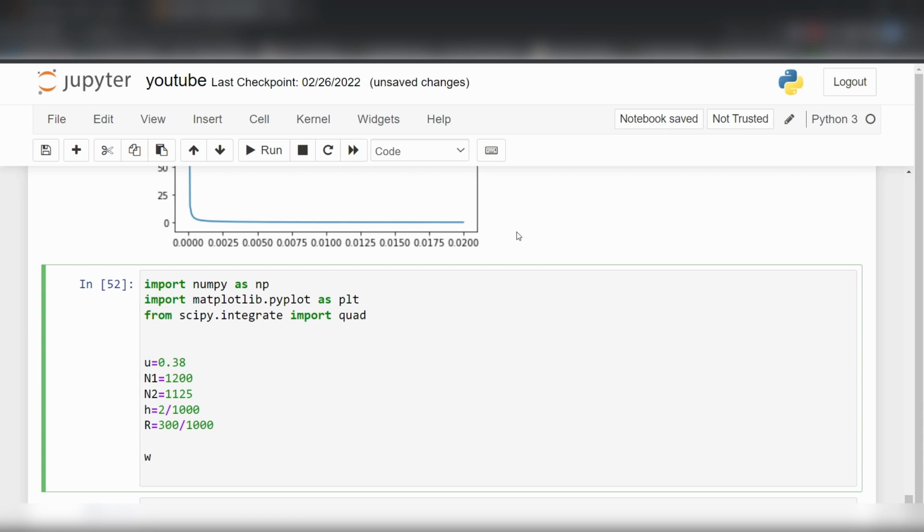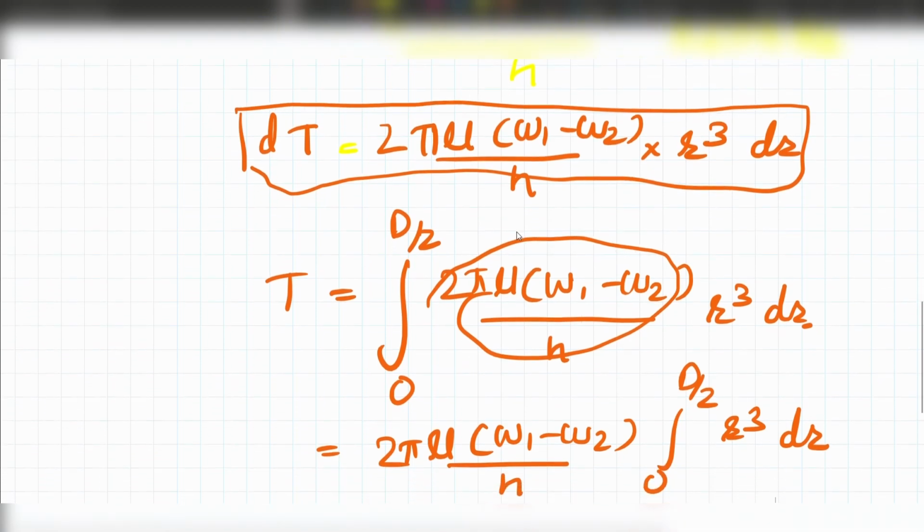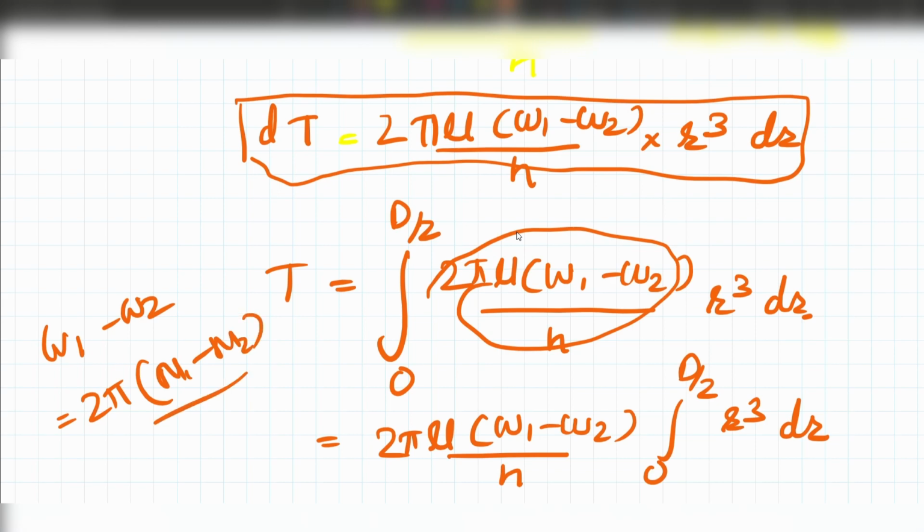Now our w, omega 1 minus omega 2, is equal to 2 multiplied by np.pi multiplied by n1 minus n2 divided by 60.